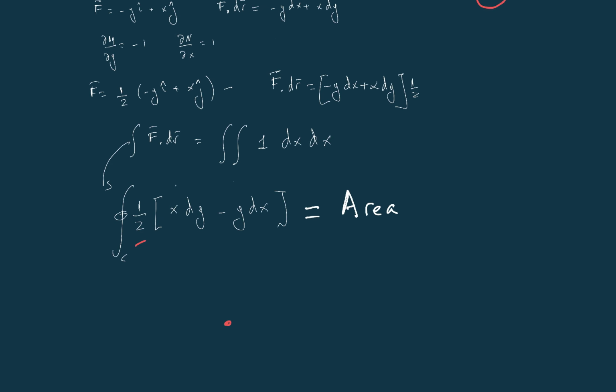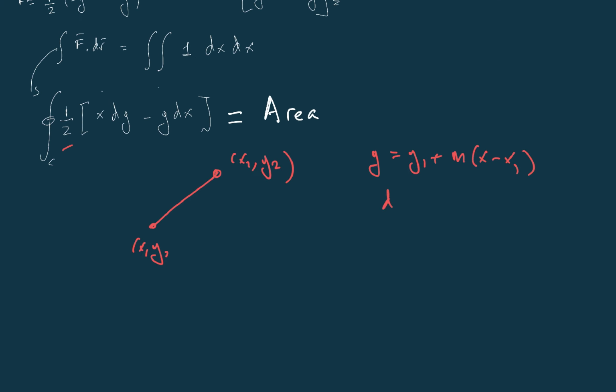If you do this integral for a line, meaning this is x1, y1, x2, y2, remember that this line is y equals y1 plus m times x minus x1. Doing this integral, dy is m dx.